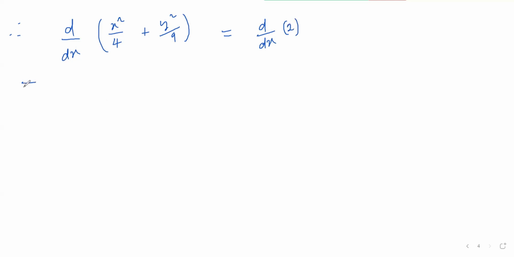Okay. Now that implies the following. So for the derivative of the left side, we're obviously going to have to differentiate each of these terms. So this is going to give us 1 over 4 multiplied by the derivative of x squared with respect to x plus 1 over 9 multiplied by the derivative of y squared with respect to x. That is equal to 0 because the derivative of 2 is 0.